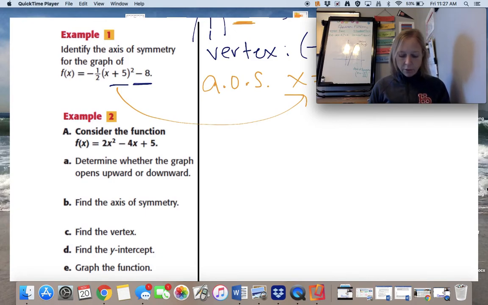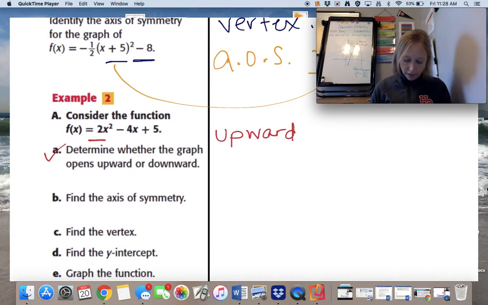Part A, determine whether the graph opens upward or downward. Well, we look at the number next to the x squared, and it's positive, so it opens upward. Letter B, find the axis of symmetry. Okay, so now is when we're going to use that formula, x equals negative b over 2a.